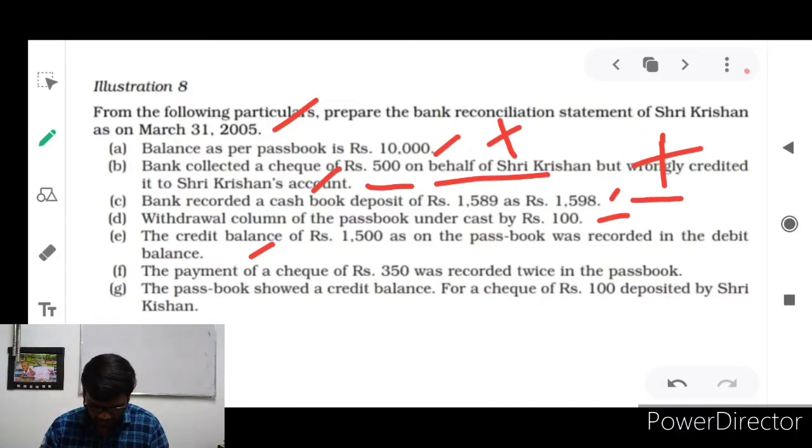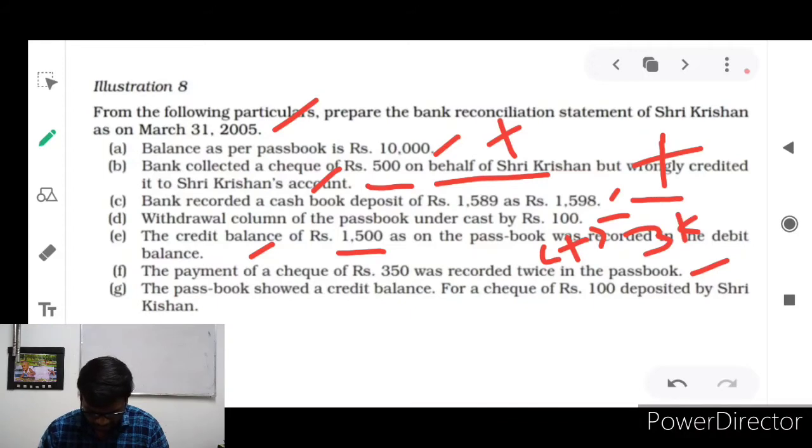So now the banker should credit 1,500, plus the 1,500 already debited, so collectively 3,000 rupees should be credited in our bank account. So it is a plus sign. Next one, the payment of a check of rupees 350 was recorded twice in the book.